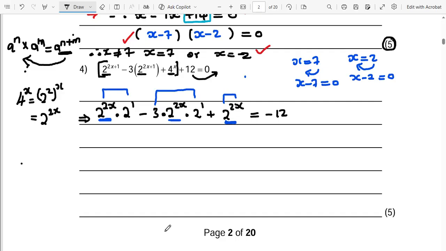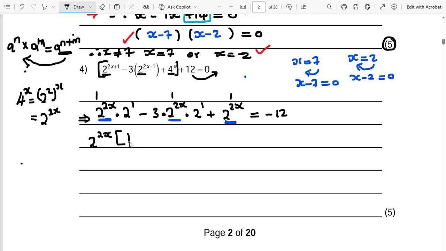Another thing I need you to understand is that when you take something out as a common factor, you replace it with 1. So this will be 1, this will be 1, this will be 1. So let's take it out. This is 2 to the x, 2 to the power 2x out as a common factor.